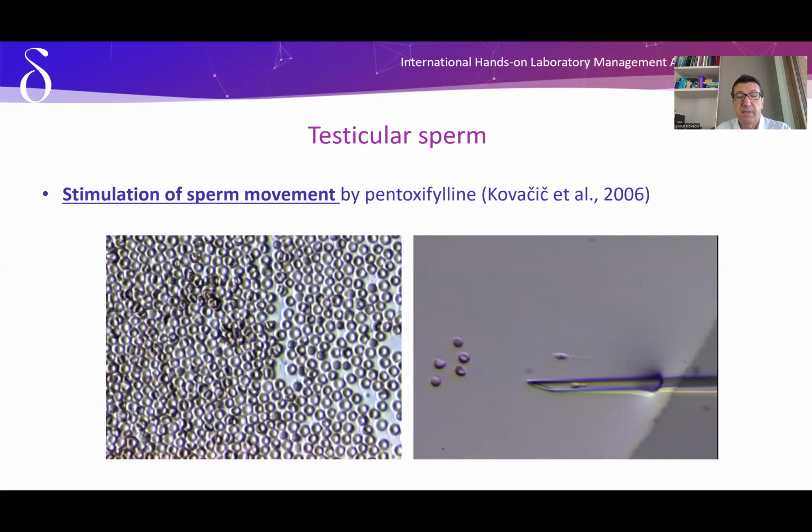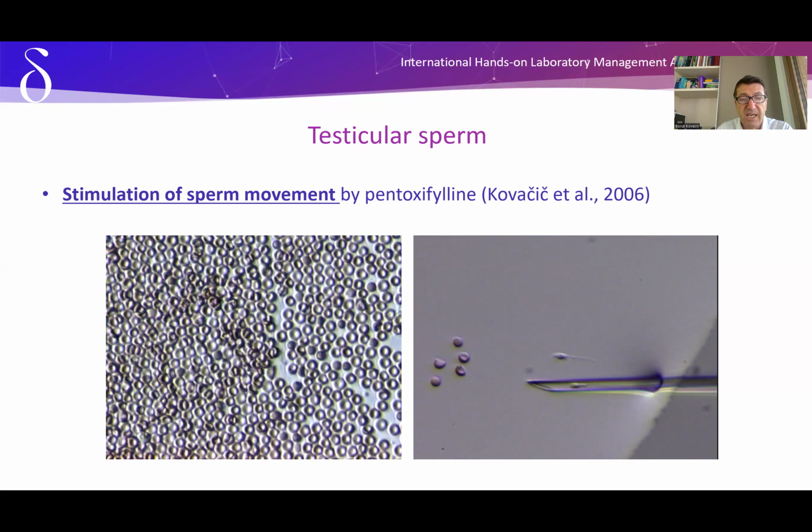There is a presentation of how we can help ourselves when we have a very hemorrhagic testicular sperm sample, especially if we are doing testicular sperm aspiration. There are only erythrocytes found, but if we add pentoxifylline or theophylline, then the sperm start to move, and we can recognize the place where we can find this sperm.